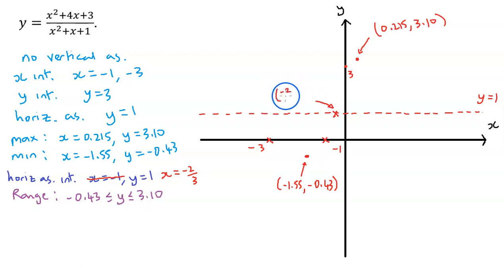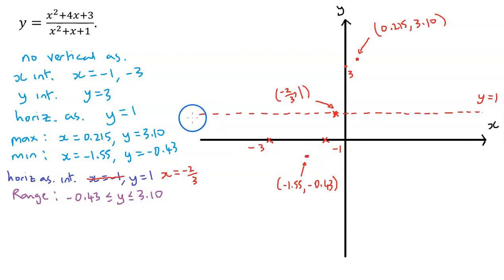So -2/3 and 1. So that point there. Right, and then other than that, I think we're ready to go with this thing. It only intercepts the horizontal asymptote at this point here, so there's no other asymptote interceptions, and there's only 2 stationary points, so there can't be any other turning points.